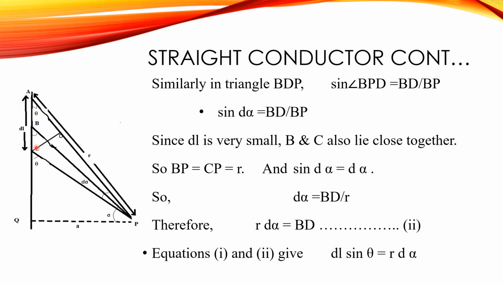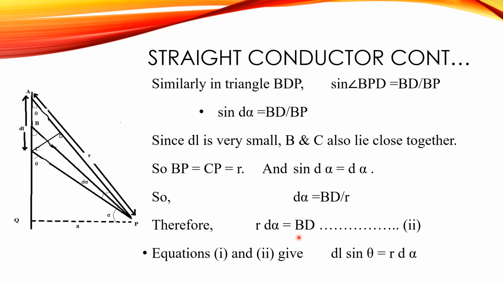So B and C are very close together, and that's why this distance AP or BP or CP will be more or less r. So sine d alpha is equal to d alpha. So d alpha will be BD by r, and therefore r d alpha is equal to BD.